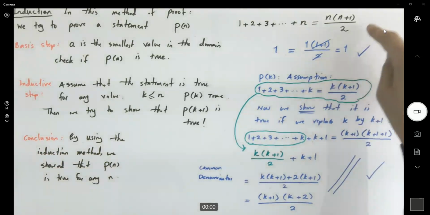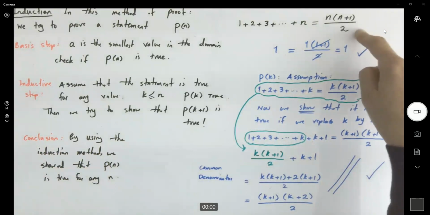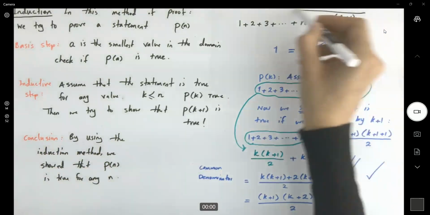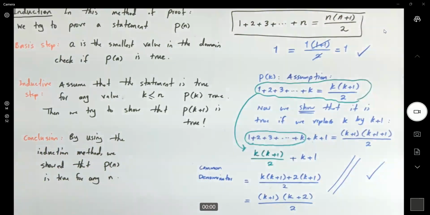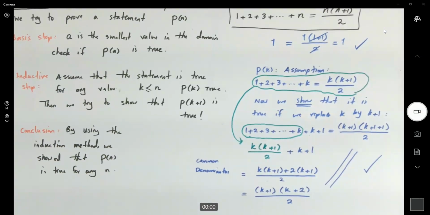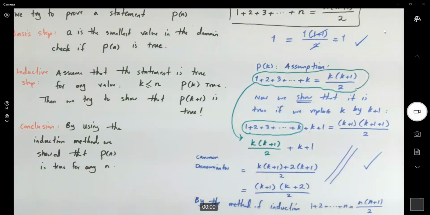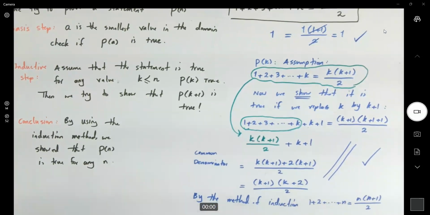So we just showed that this formula is true for any n. This is our conclusion. At the end, we write down, by the method of induction, we showed that 1 plus 2 plus up to n is equal to n times n plus 1 divided by 2. We just proved this nice formula by the method of induction.